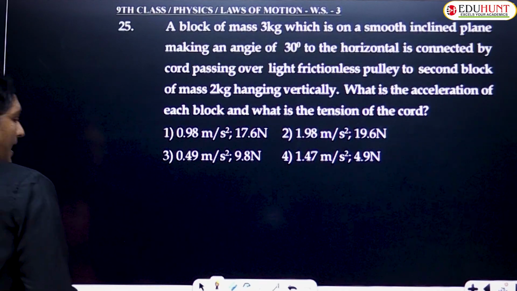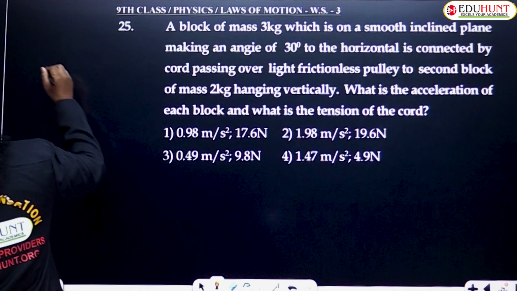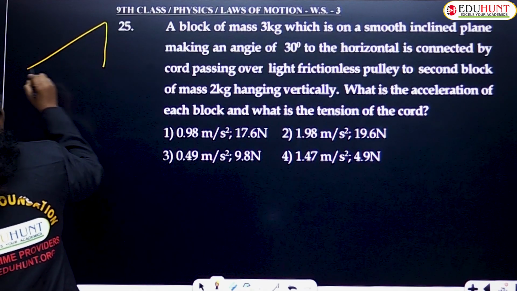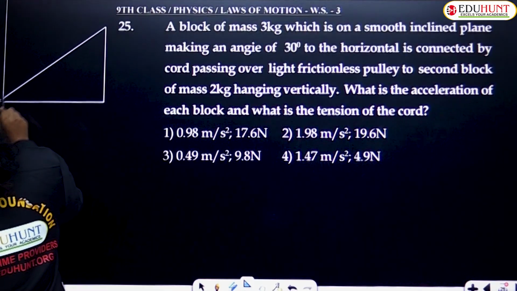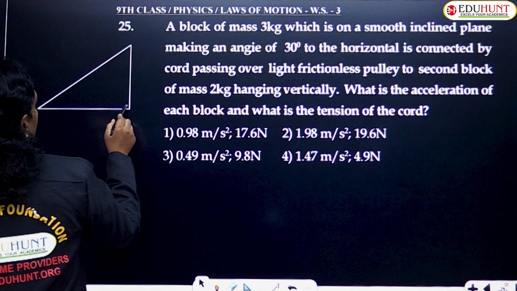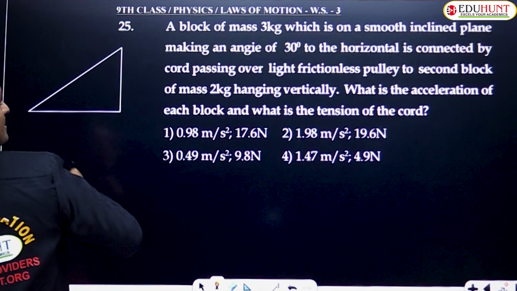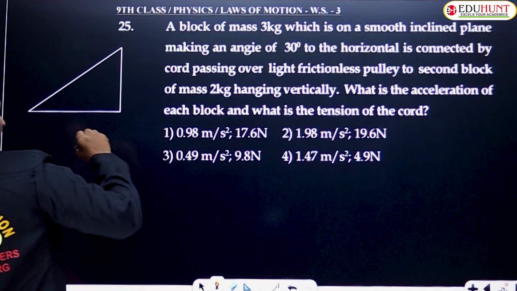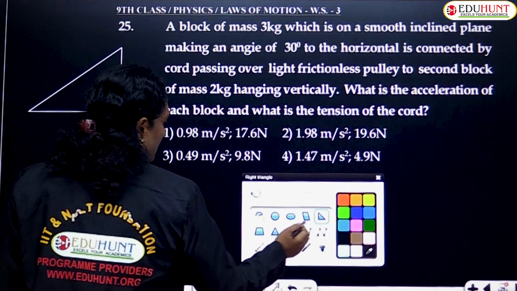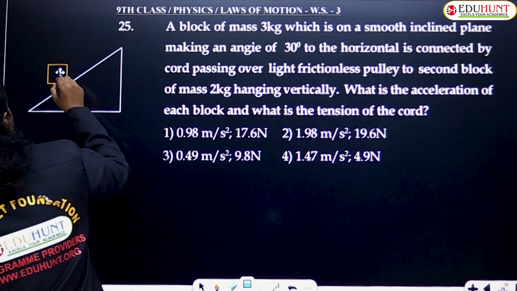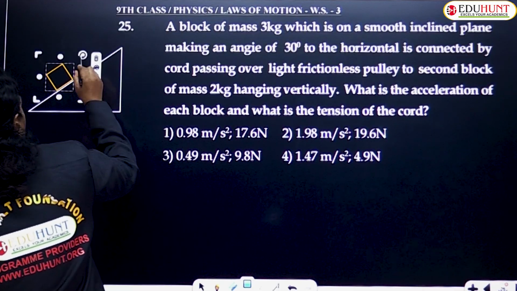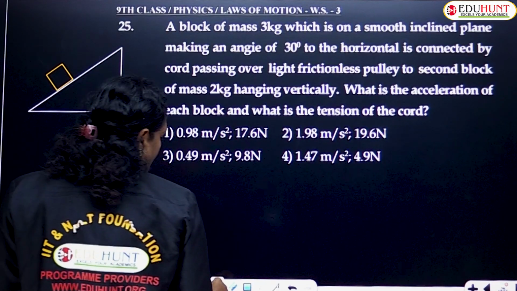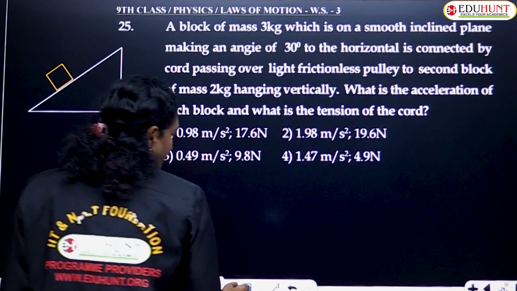As usual, let us plot out the diagram for this. Something like this, an inclined plane. A block of mass 3 kg lying on a smooth inclined plane. So here is your 3 kg block and this is connected with the help of a pulley.